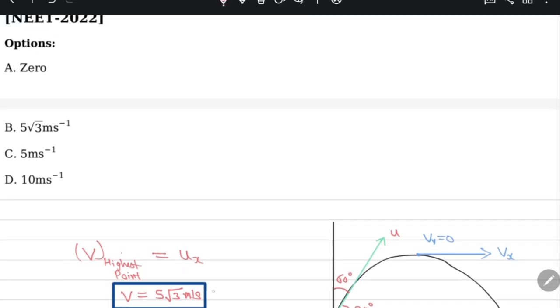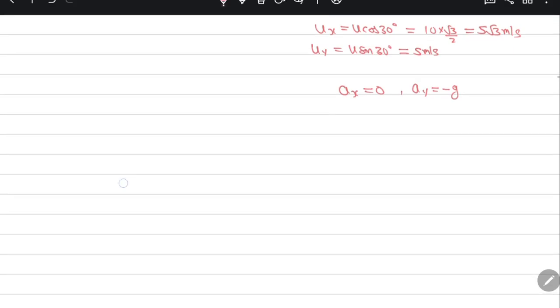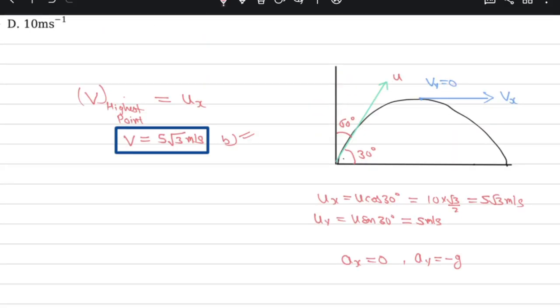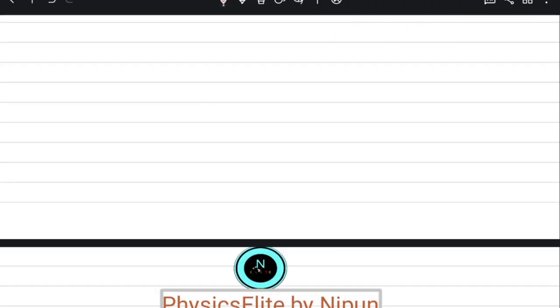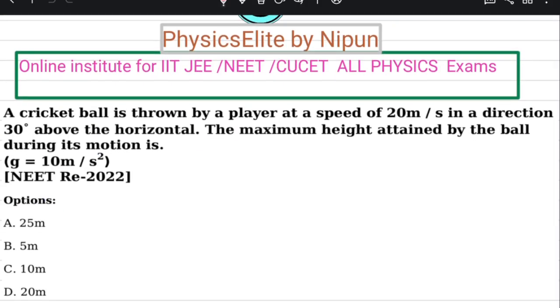So which option? Option B is correct. Right? So let's proceed. Understand now? In this question, they are asking velocity at the highest point. Keep in mind that velocity at the highest point is 0 in y direction, not in x direction. Getting my point? So shall I proceed for the next question?